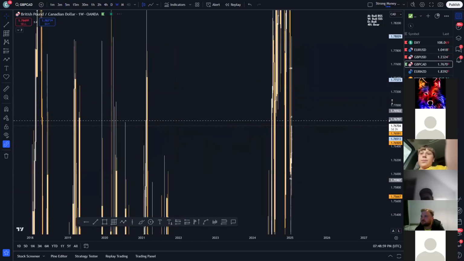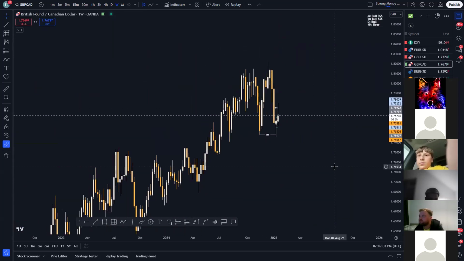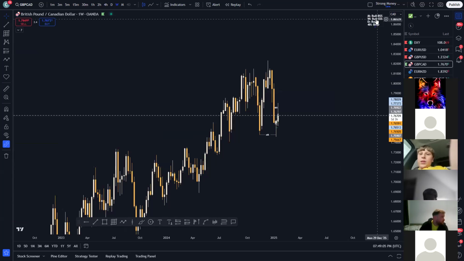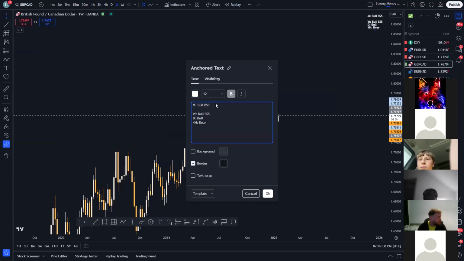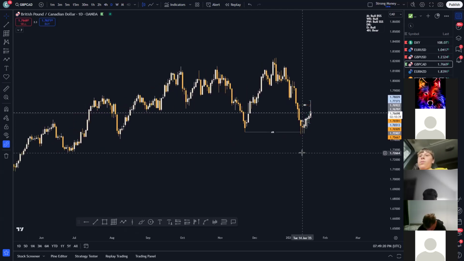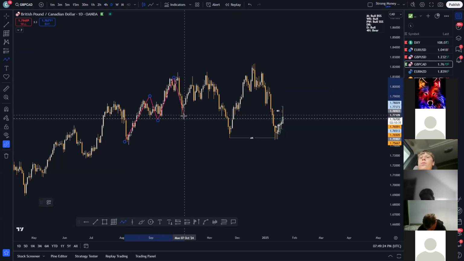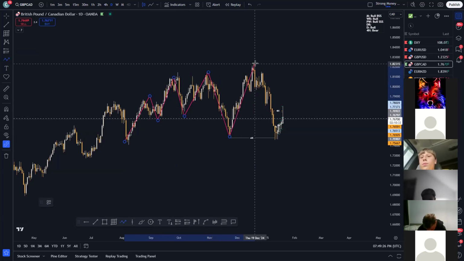Let's just do our ranges on this one as well, because this was one of our favorite pairs, wasn't it? Yeah. So, weekly range. Weekly range is bullish. Previous week, we already know. Daily range. Okay, so first break, reconfirm.